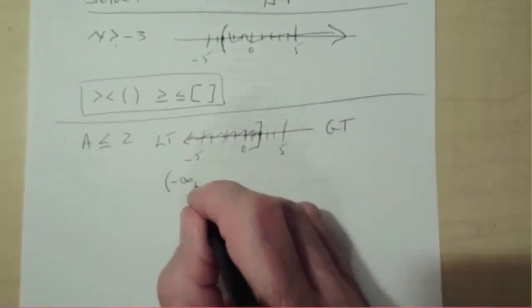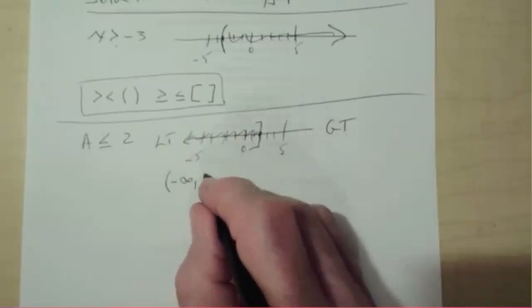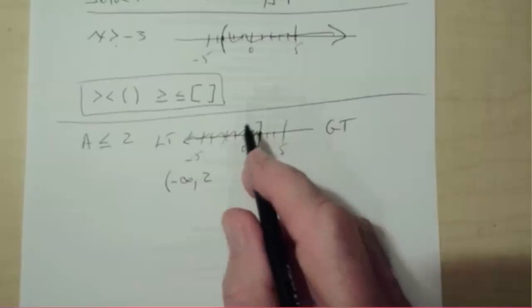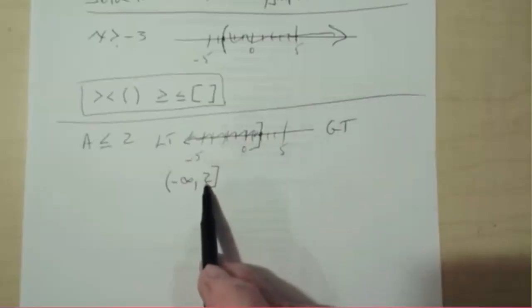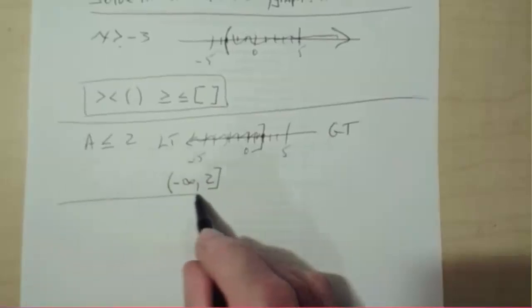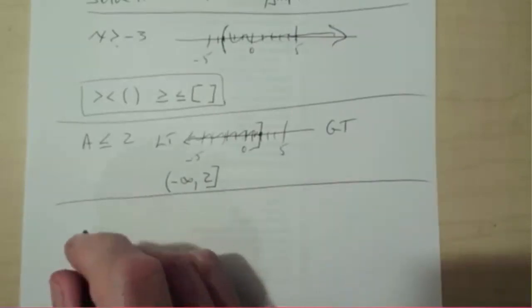And what's on the high side, what's the most this could be, is 2. And 2, we use a bracket because it includes the number 2. Right? Right.